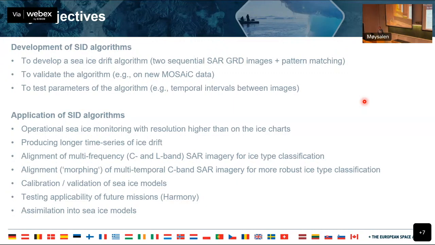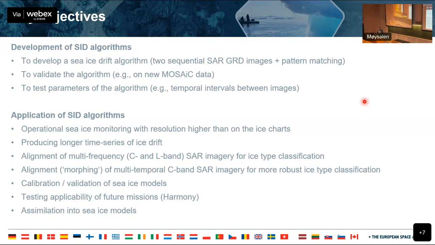Then alignment of multi-frequency SAR imagery for ice type classification, and alignment of multi-temporal C-band images also for a better ice type classification. So in these 2, ice drift is used as pre-processing for ice type classification.